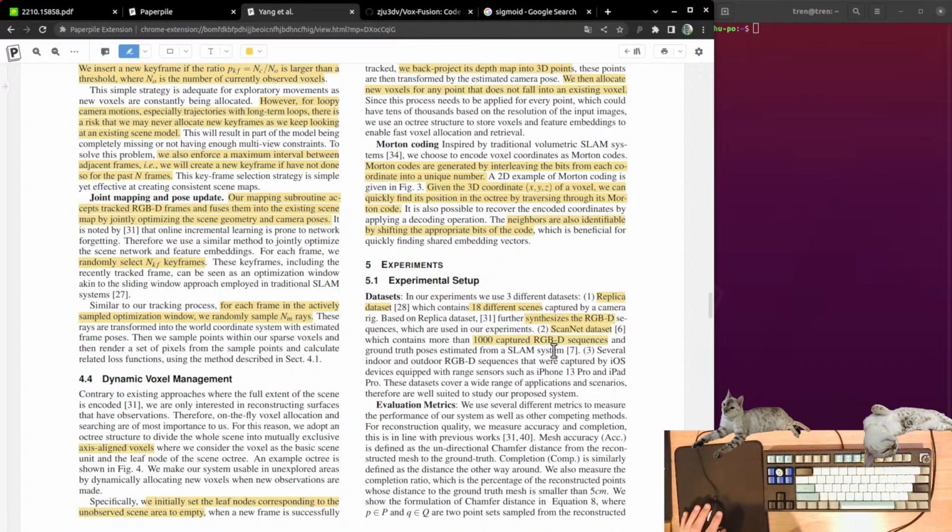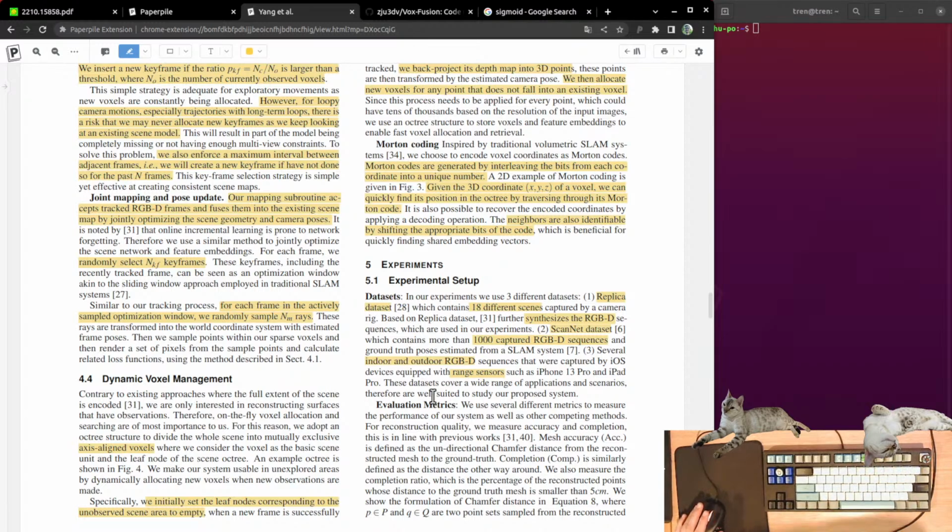Okay, so I mean, these data sets are already a little sketchy, right? You have one where the depth isn't ground truth, it's synthetic, so it's made afterwards. You have another one called ScanNet, where the ground truth poses aren't actually ground truth, they're estimated. And then their last one is several indoor and outdoor that were captured with iOS devices equipped with range sensors, right? So this is what we were talking about, where the latest iPhones have the depth sensors on them.